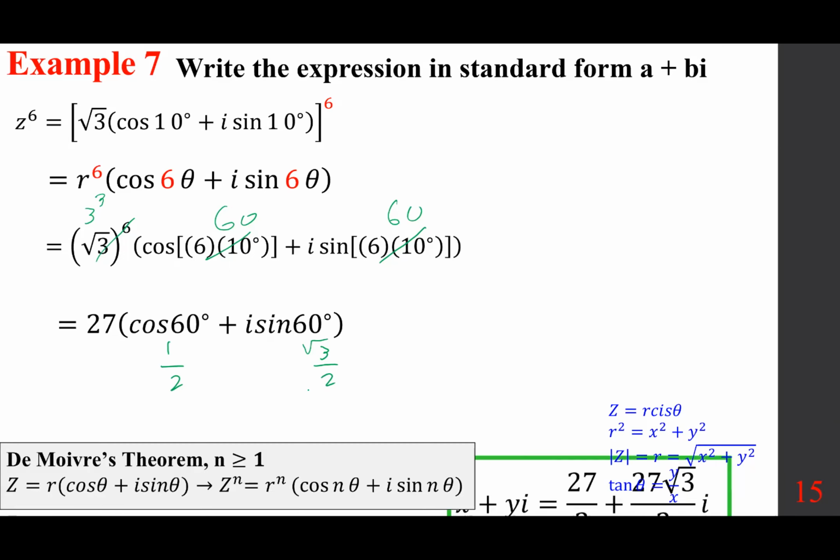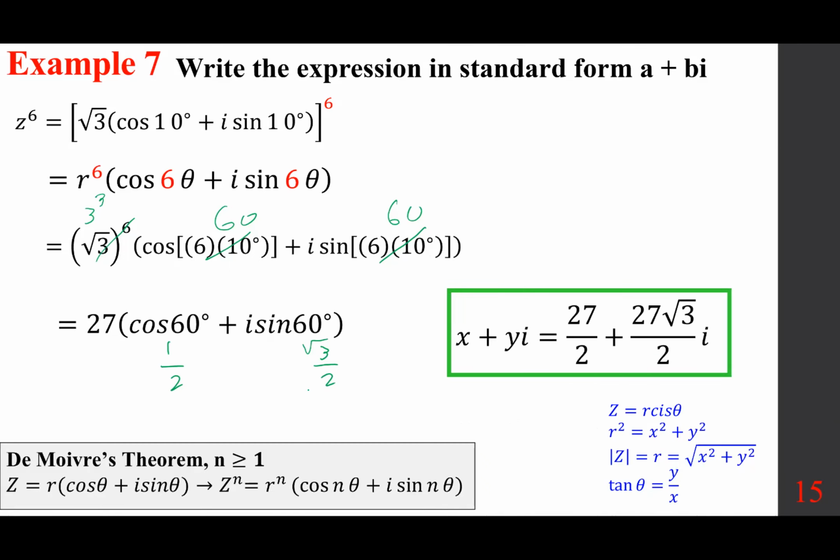And therefore, the final answer is 27 halves plus 27 square root of 3 over 2 I. So we have this, which is in polar form, now in standard form or rectangular form.